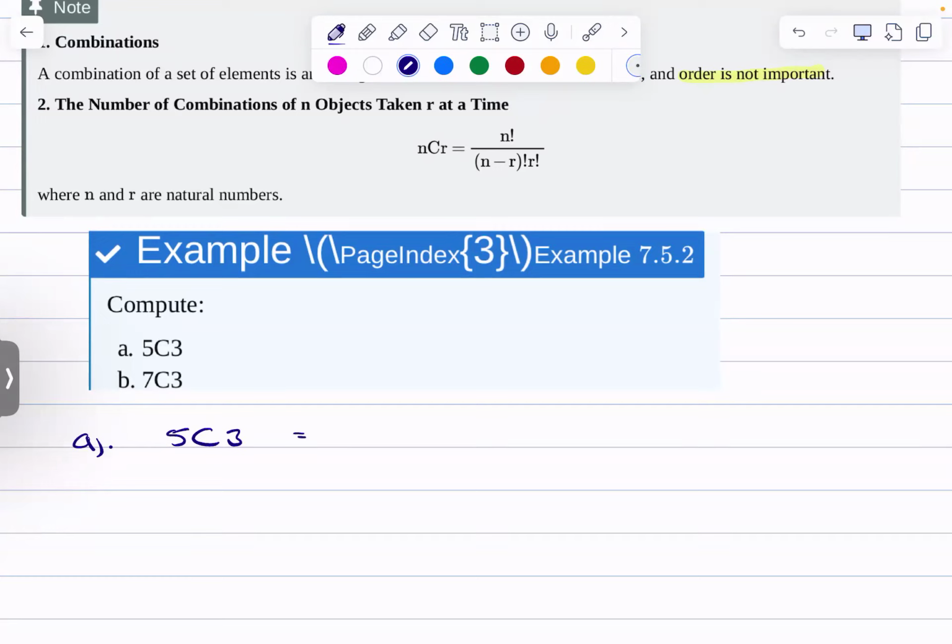So n factorial, n is 5 in this case. And so I have 5 factorial divided by 5 minus r, r is 3 in this case, factorial times 3 factorial again. Now, how I approach these is I simplify the 5 minus 3.